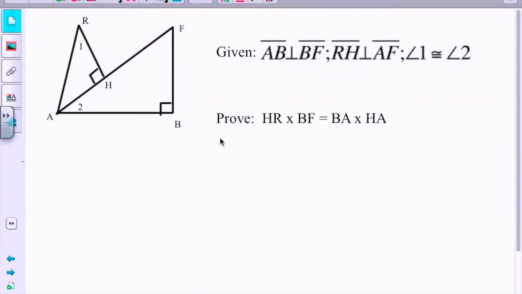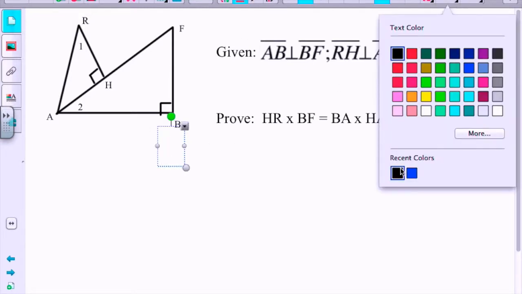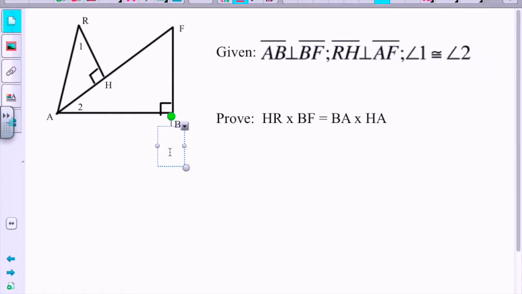Okay, over here, try and do this again with typing. Okay, I have my given. I also know that angle 1 is congruent to angle 2.